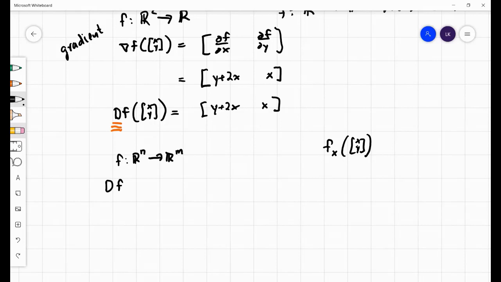So maybe derivative of f at a point, right? It's a little confusing, but at a point. If your function is differentiable, this derivative will turn out to be a matrix consisting of partial derivatives of the components of your function.